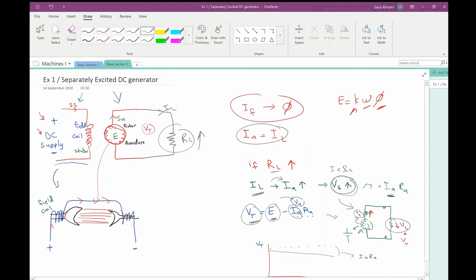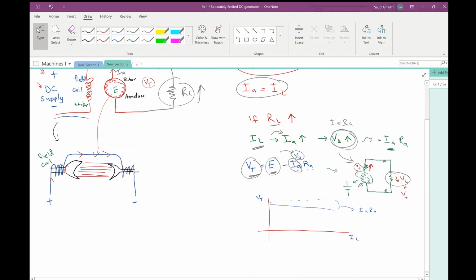So the graph will be like this. We will start with no load, so VT equals E, the generated voltage equals the terminal voltage, because we don't have any load current, because there is no load.